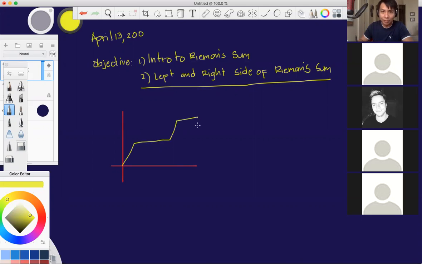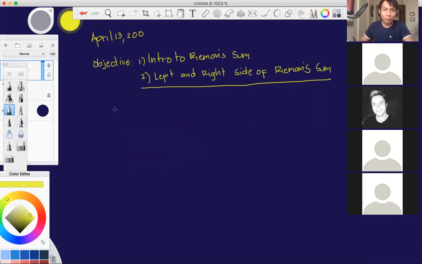What we did last week was to find the area that is bounded by your x-axis and the sides of your irregular polygon. Now, for today, we're going to take it a step further, where we are now going to employ actual f of x functions or actual equations.